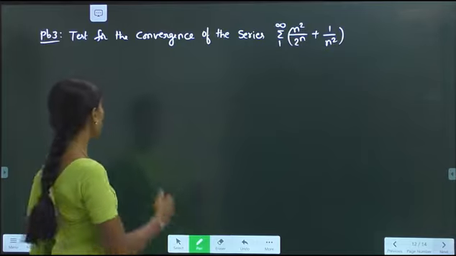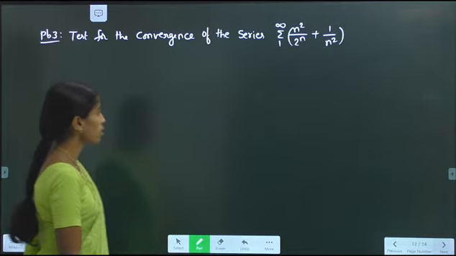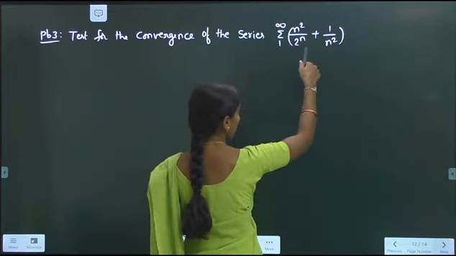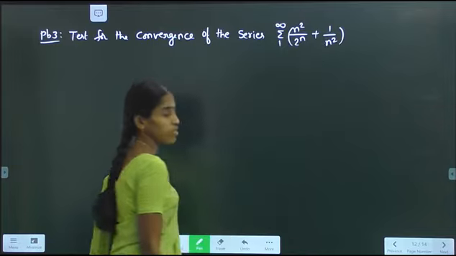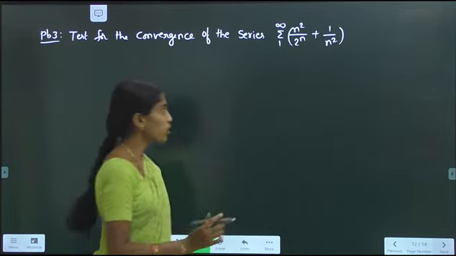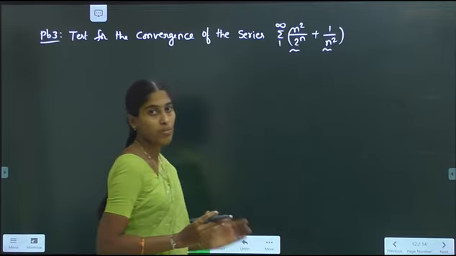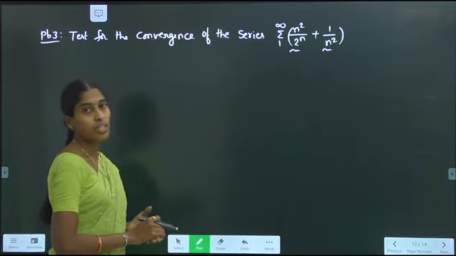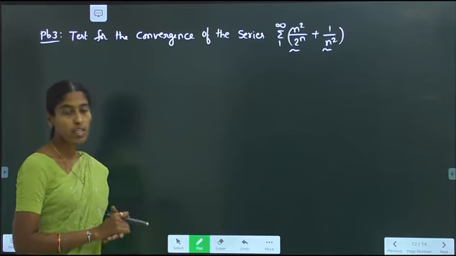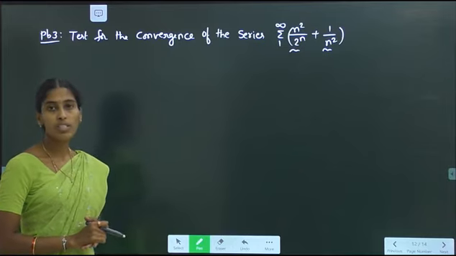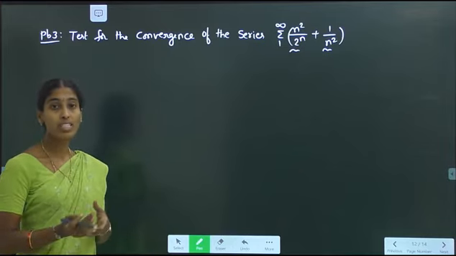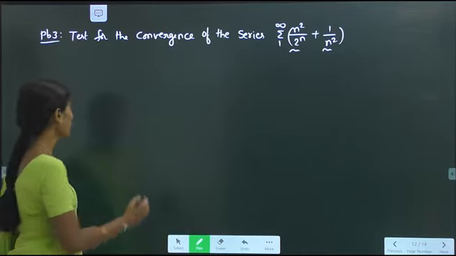Next sum. Test for the convergence of the series sigma 1 to infinity n square by 2 power n plus 1 by n square. Here sum of two terms, two generalized forms are there. So for that purpose, first we see the first one nature, then we see the next one nature. If sigma un is convergent and sigma vn both are convergent, its sum is also convergent, right?